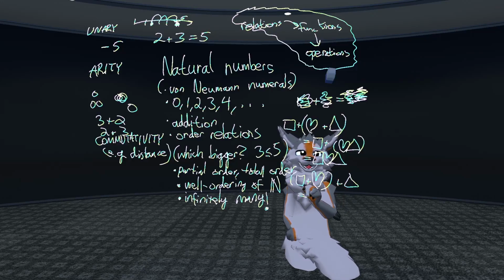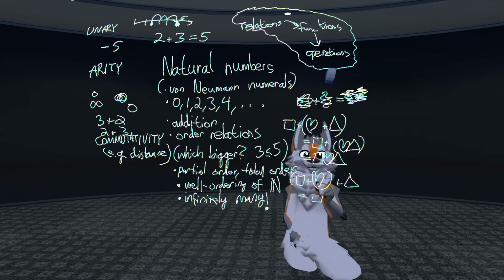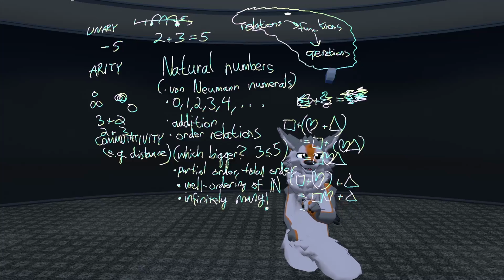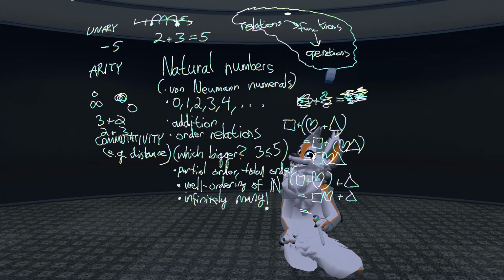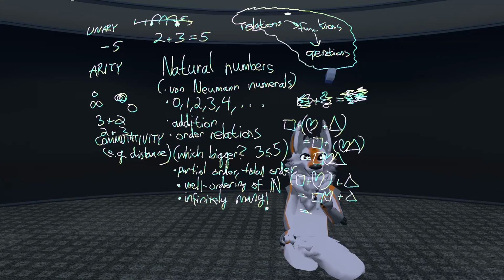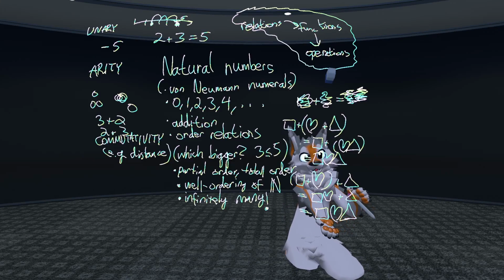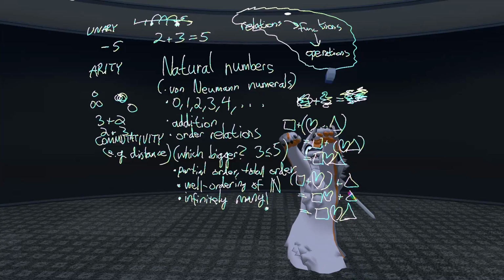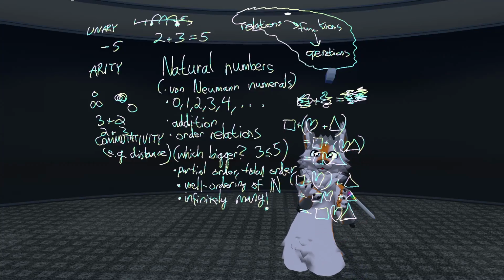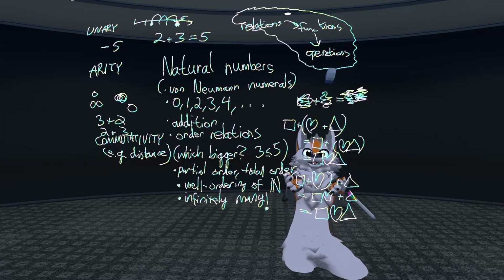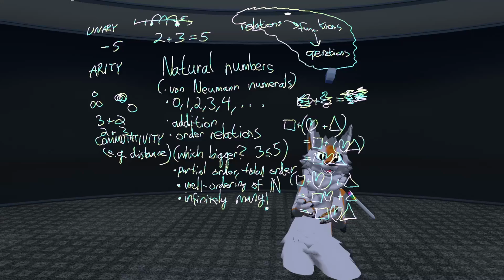In this case, adding the square from the left, we get this, and then we add the triangle, and hopefully this is going to show on camera, at the end, we're going to get the exact same thing, right? So this is the same thing as this. Adding this triangle from the right and then this square is the same thing as adding the square from the left first and then this triangle, right?